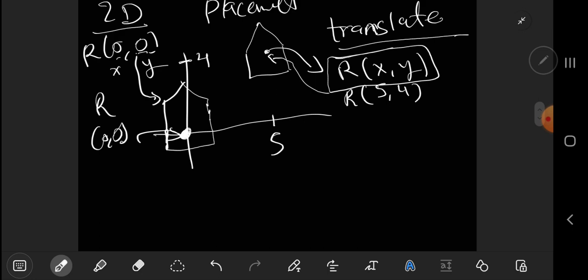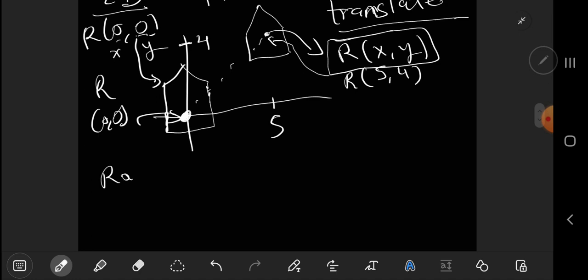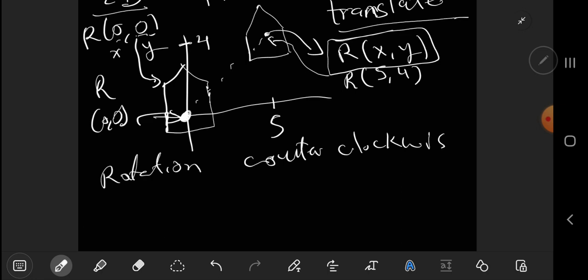Now if I'm talking also about rotation of the robot, there is also an angle. Let's define it as counterclockwise rotation. So I can define the robot not only by x and y, but also by theta, an angle.